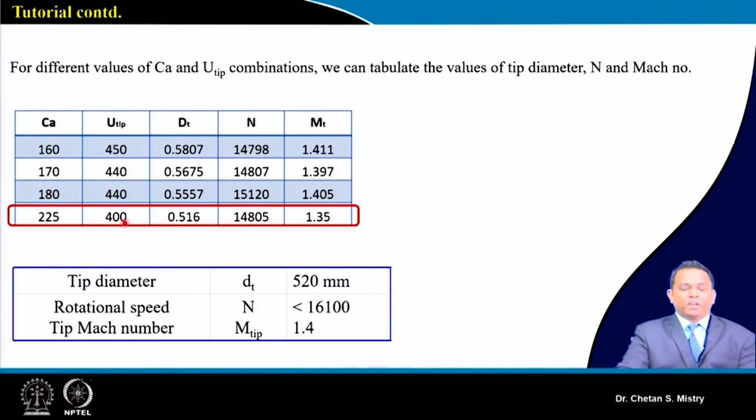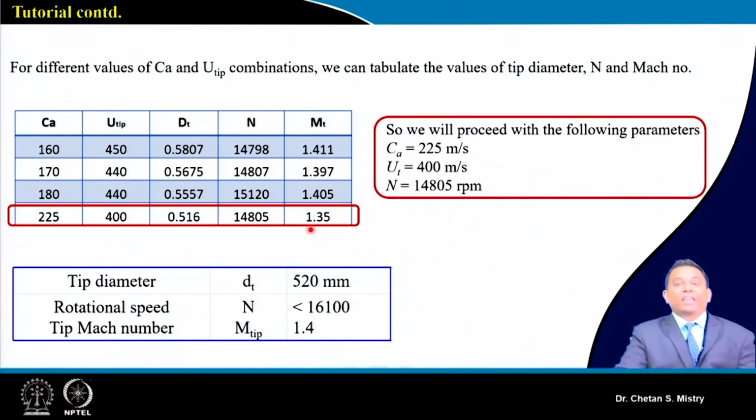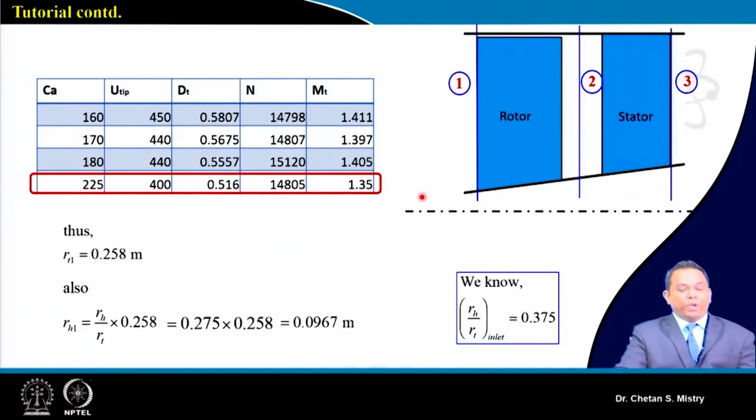Let's assume peripheral speed to be 400, which gives my tip diameter of 0.516, and at the same time gives us a tip Mach number of less than 1.4, so it is coming 1.35. So for our calculation we will be selecting these numbers.